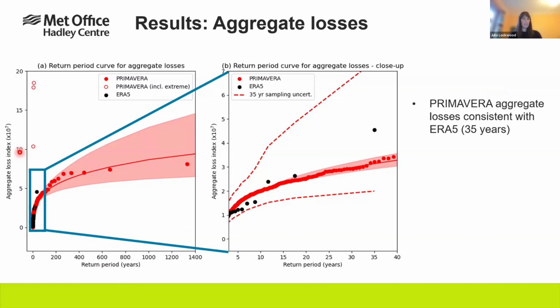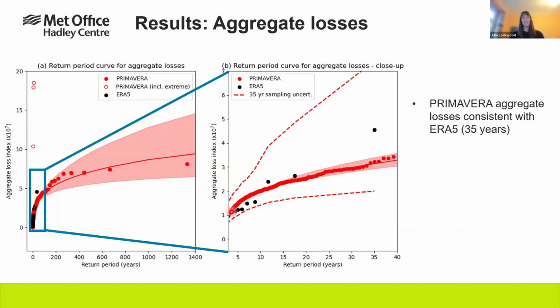So we've just summed up the loss indices from all of our storms in a given season. The red dots here are the data from our stochastic event set, so each dot represents a season. And the black dots are the data from the ERA5 data set. So we've got 35 dots there.